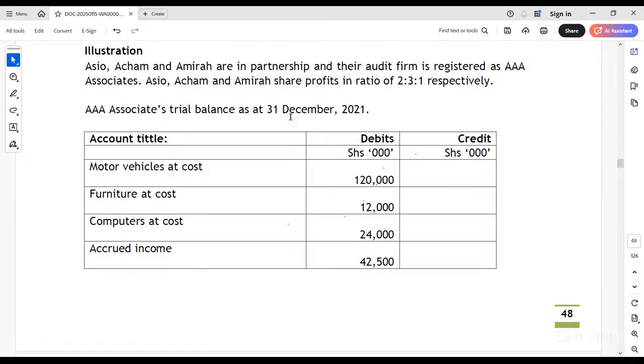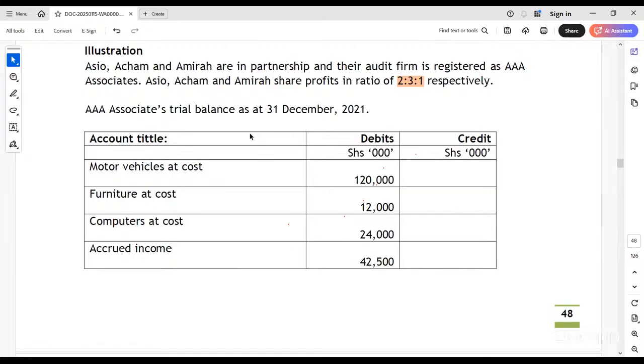That is their profit or loss sharing ratio, clearly stated here, respectively. So we have the trial balance as at 31st December 2021.